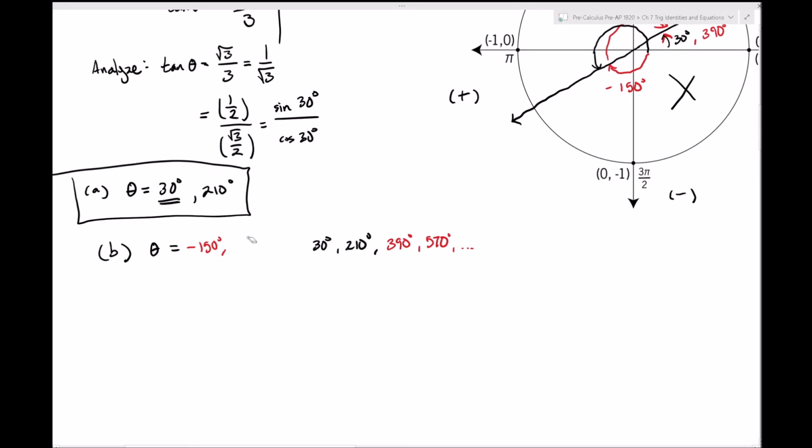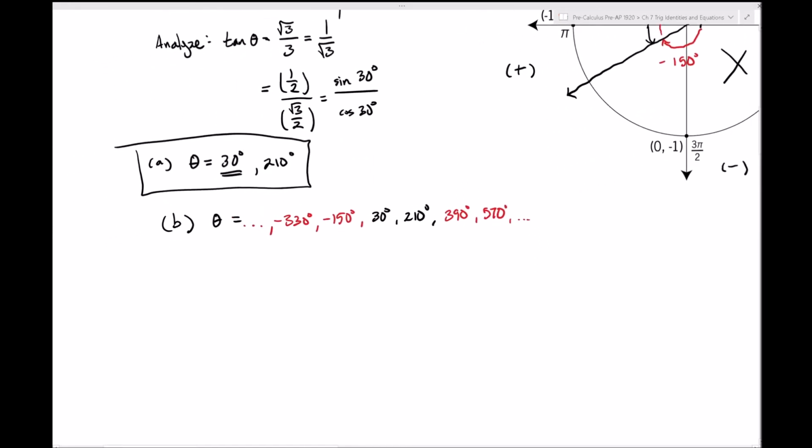And that's probably not the best way to do that. So it was negative 150 degrees, negative 330, I think, and then dot, dot, dot this way backwards.